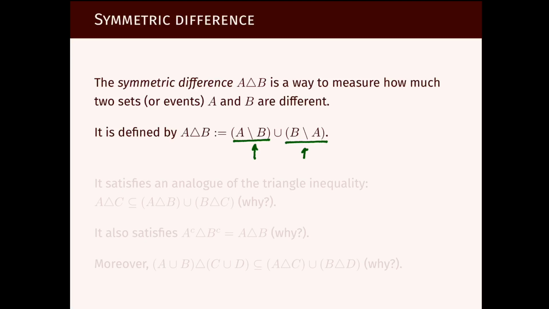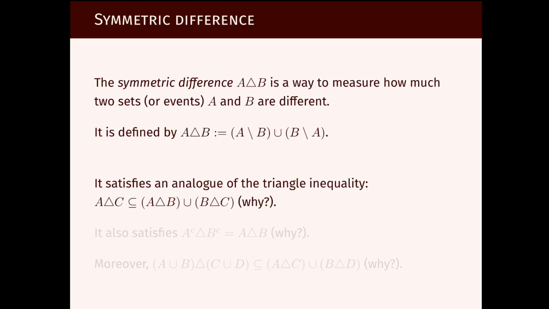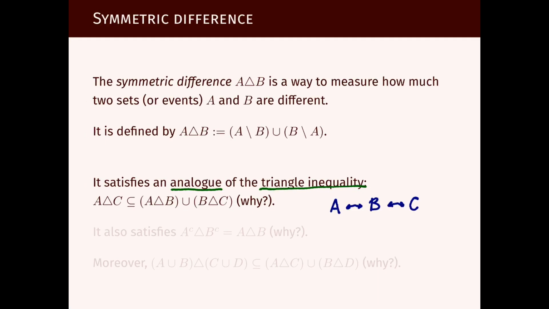So it's the collection of both these two types of points, either in A not B, or in B and not A. This notion of difference satisfies something analogous to the triangle inequality. By that we mean that if we can compare A and B, and we can compare B and C, we can use that as an upper bound for the comparison between A and C. This is what is written here. This is the upper bound part.